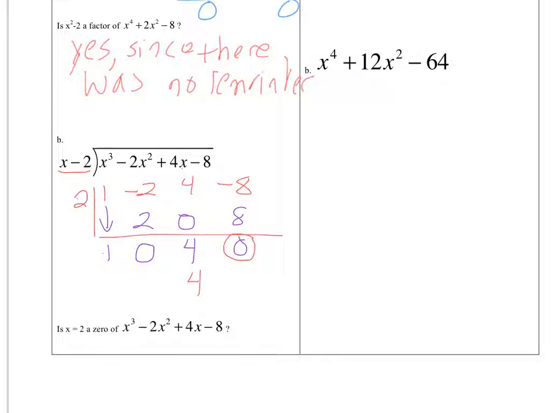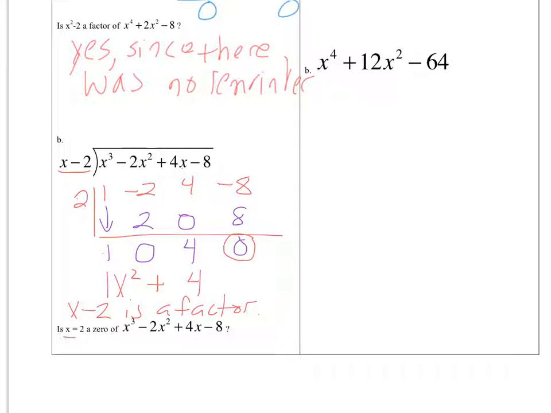We've got 4. This should be 0x, so I'm going to just skip that. Then we're going to have 1x squared. So when we divide this, we got 1x squared plus 4. So that means that x minus 2 is a factor.